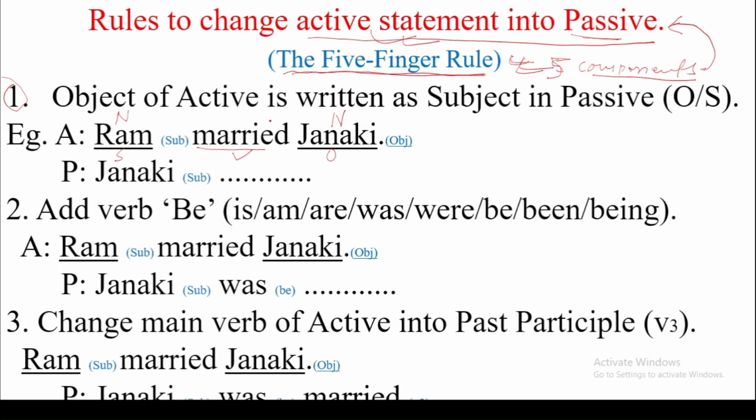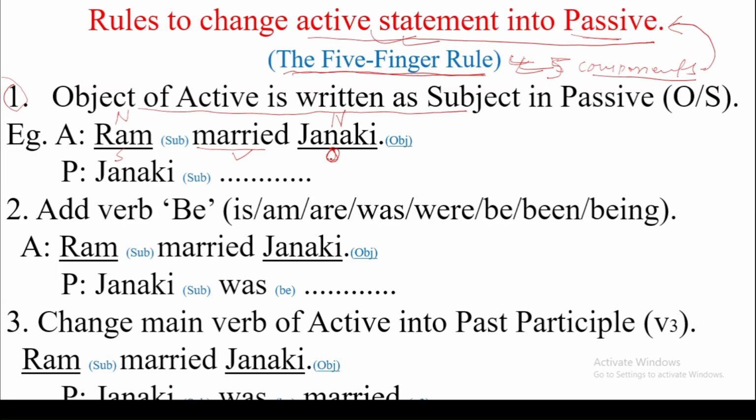So the first step is that we have to write the object as subject in passive, means the object of active is written as subject in passive. So we pick the object first and write it as subject in passive.